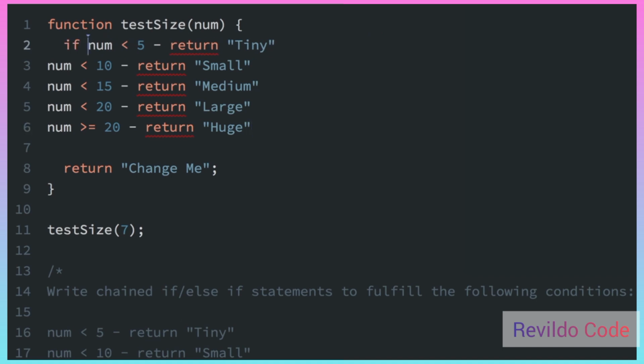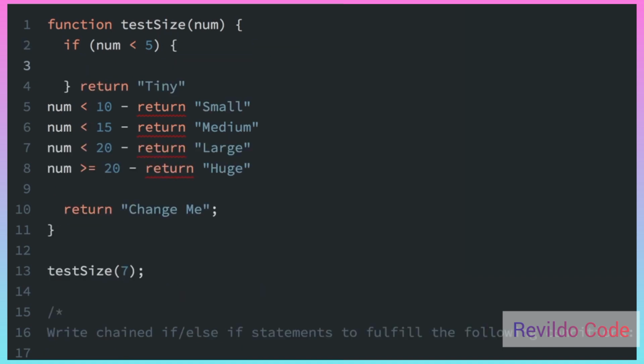So it's going to be if, and then we put this in parentheses because the condition is always in parentheses. If number is less than 5, then we're going to use the curly braces, and we're going to return tiny. So I'll just move that up here. I'll cut it and paste it. Now we're going to use an else if statement.